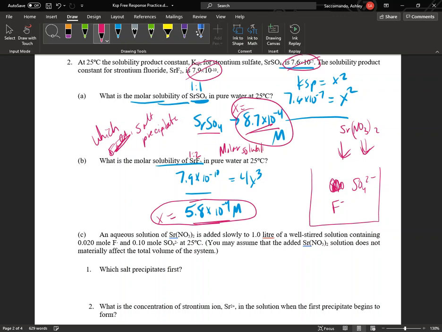The molar solubility of the strontium sulfate is 8.7 times 10 to the minus 4. The molar solubility of the strontium fluoride is 5.8 times 10 to the minus 4. Because we calculated the molar solubility, we can directly compare those. Which one is more soluble? Which one has the higher concentration?